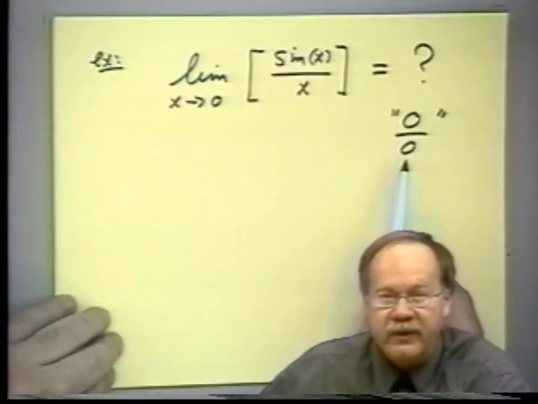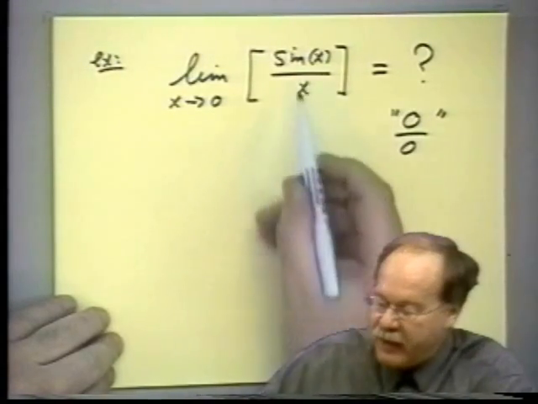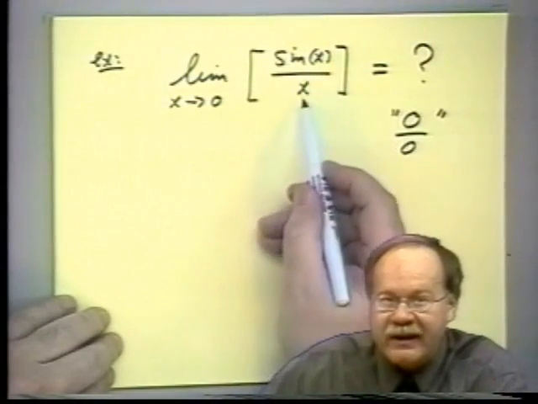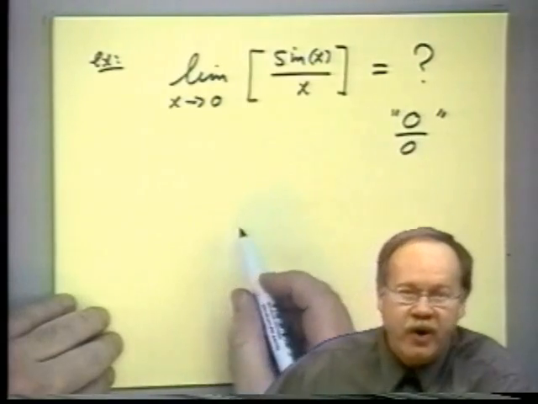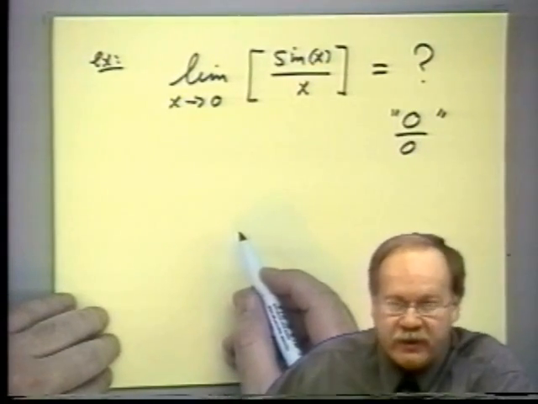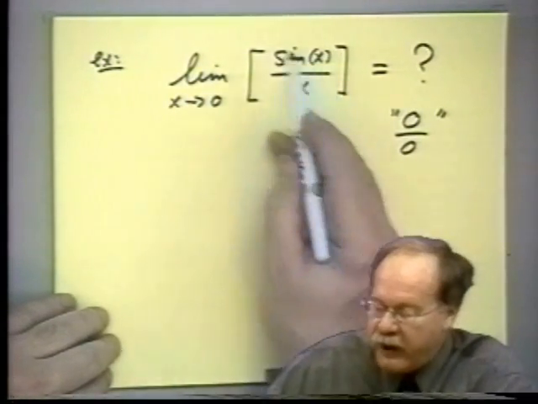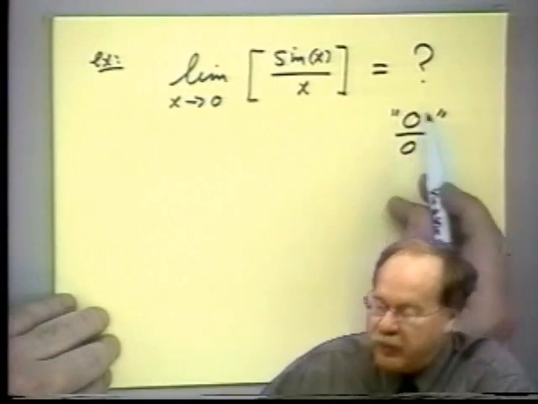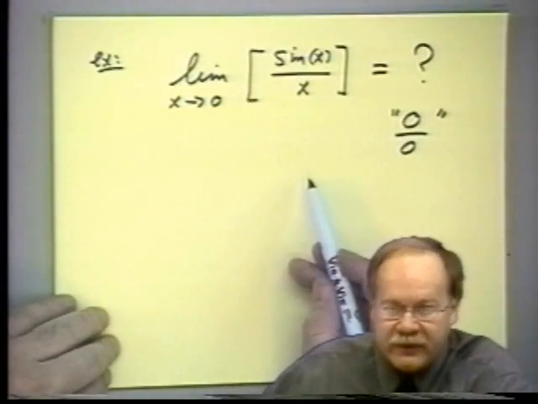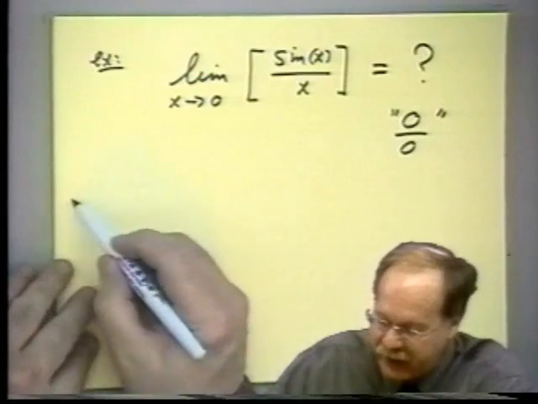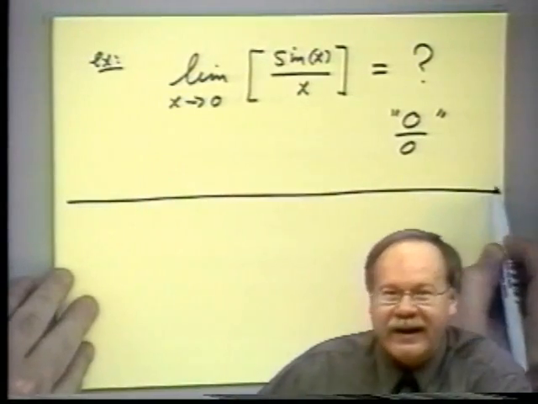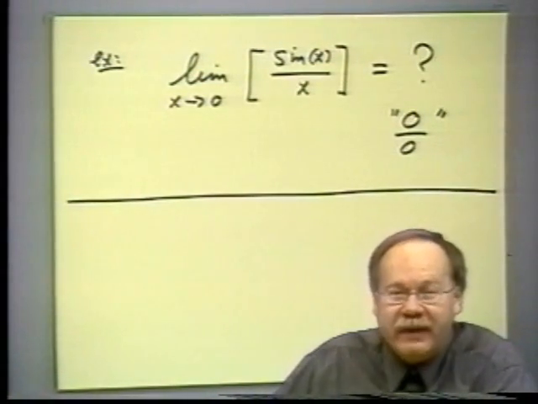So this apparently is 0 over 0. Now, can we use an algebraic trick to somehow cancel the x into the sine x? No, we cannot. Algebra doesn't do it for us here. So if we are interested in finding this limit and determining it, we will have to find some other technique. And we will discuss this later, but for now we'll just have to leave that hanging as a mystery to be solved at another time.